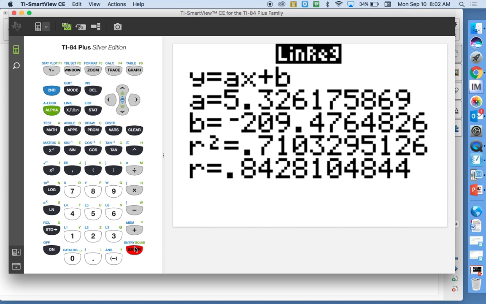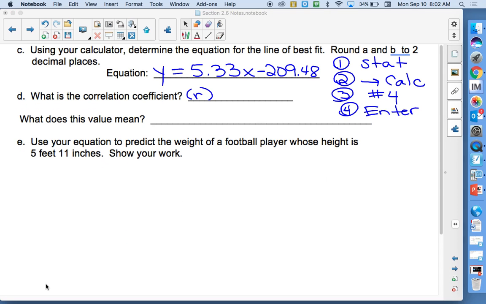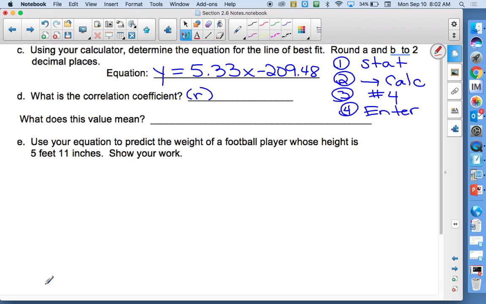We're not using the R squared, you'll use that if you take CHS stats. So we're just using the R, which is 0.84. Yes. There you go. You just need to go through. Yep. Anybody else not get it?